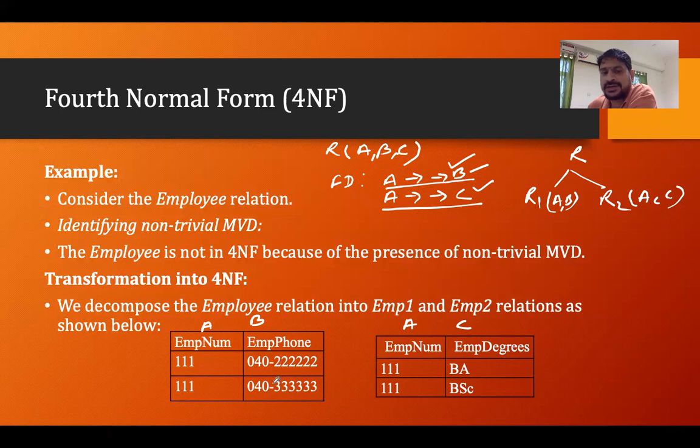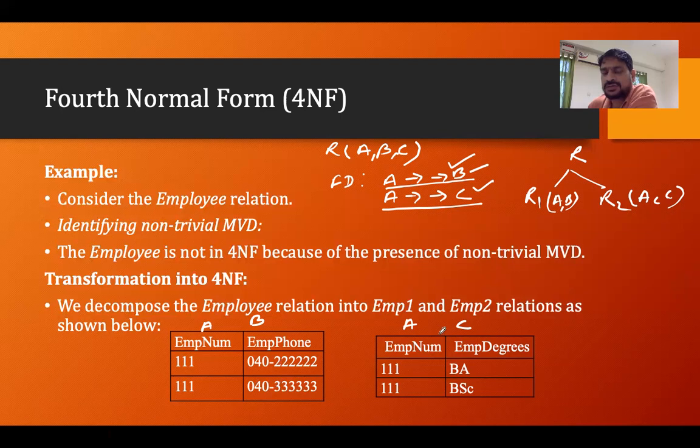Are you getting it? Here also one value of C. This particular dependency will not exist anymore. So this is the way we can get the fourth normal form.